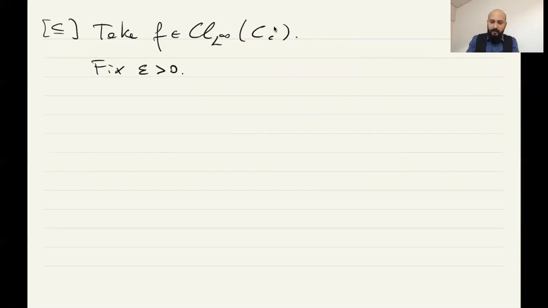Now, since f is in the closure, we can take g, a compactly supported function that is epsilon close to f in the sup norm.